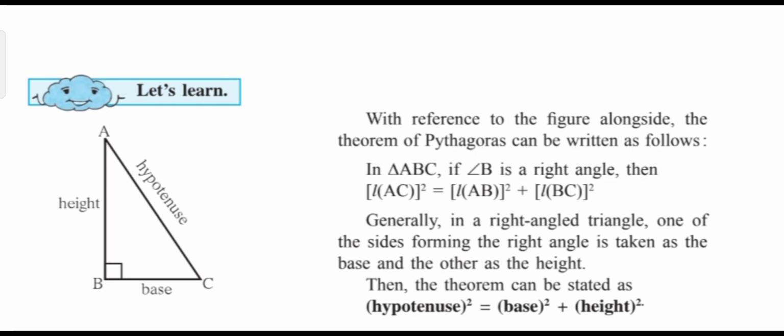The square of the hypotenuse and the sum of the squares of height and base should be equal. So they have given the names of the triangle.